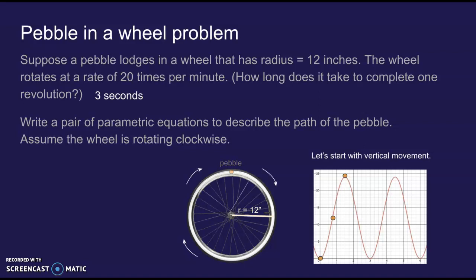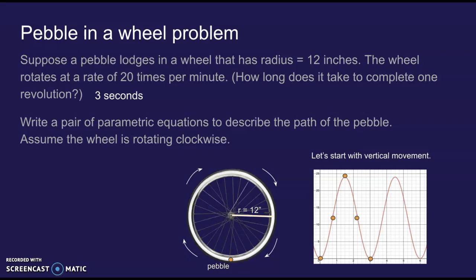And the pebble continues its journey around the circle. Now it's only 12 inches above the ground, and after one complete revolution, the pebble's back where it started on the ground. Now, how long did it take to make that complete revolution? Well, as we said a minute ago, it took 3 seconds. So the period of this curve is 3.